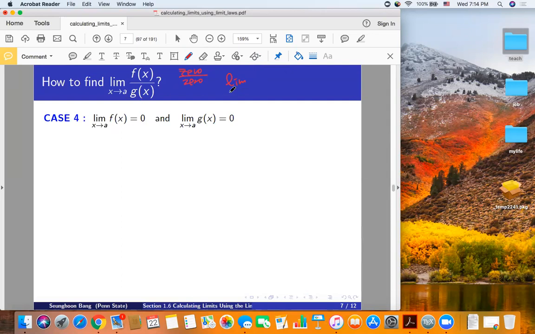Limit as x approaches 3 from the left of (x minus 5) over (x minus 3). So what do you think? What is the answer?